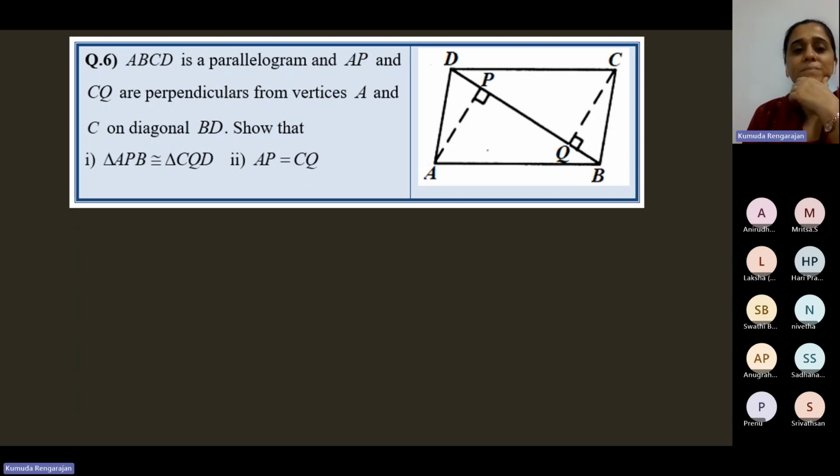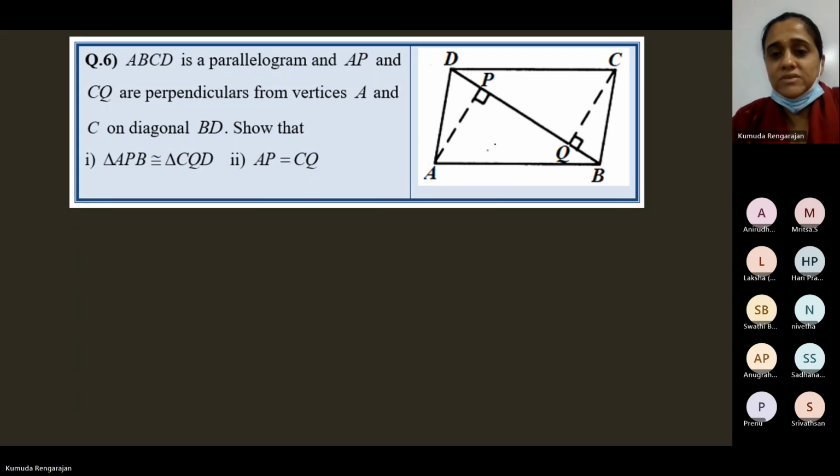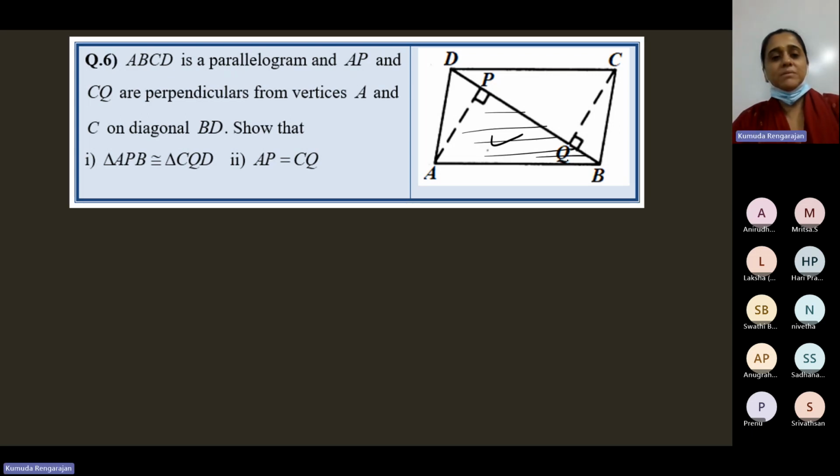ABCD is a parallelogram and AP and CQ are perpendiculars from vertices A and C on the diagonal BD. Show that triangle APB, this big one, is congruent to CQD, this one.